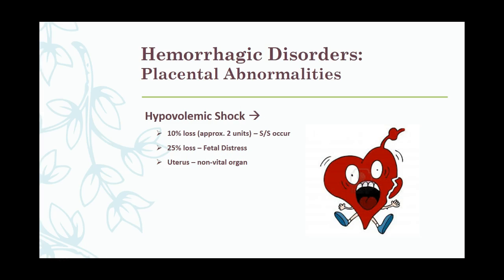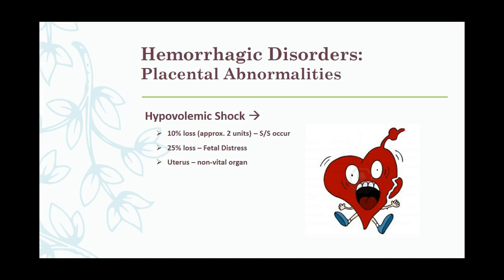Now, these people will experience hypovolemic shock almost without a doubt. A 10% loss of your blood volume is about 2 units of blood. And at this point, signs and symptoms of hypovolemic shock will be present.